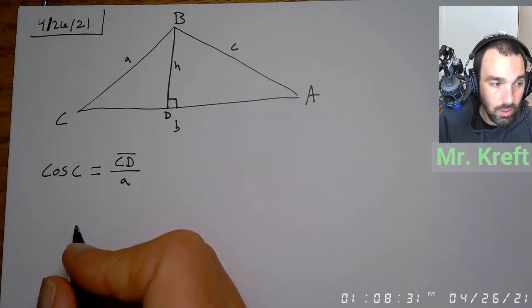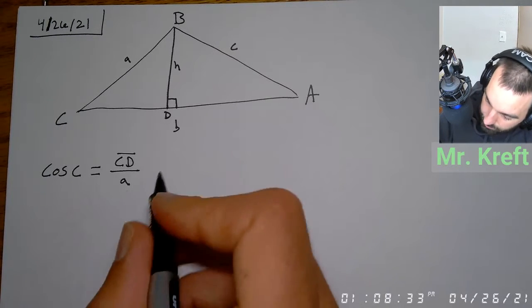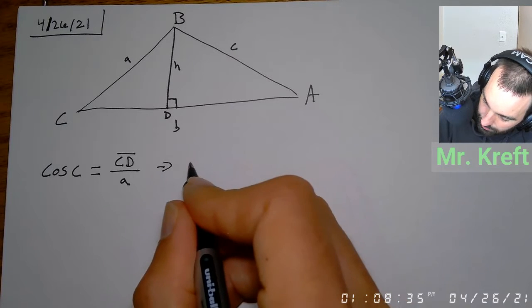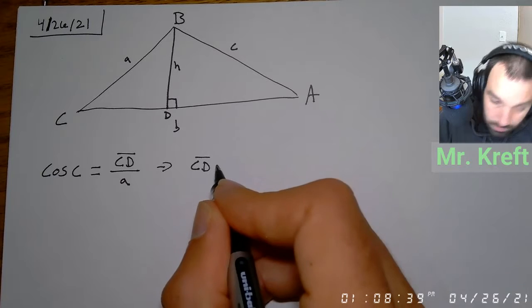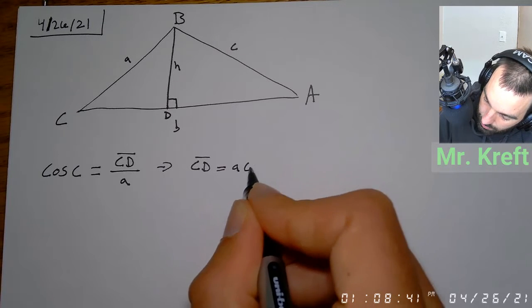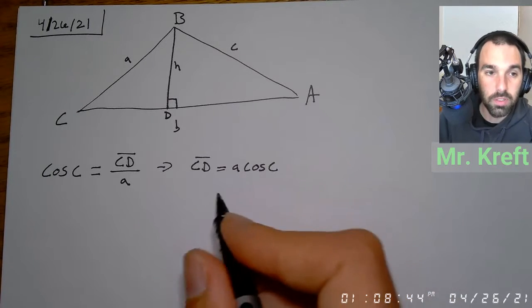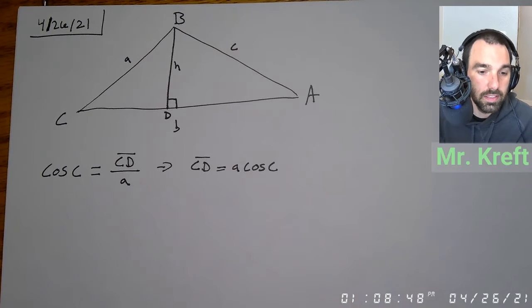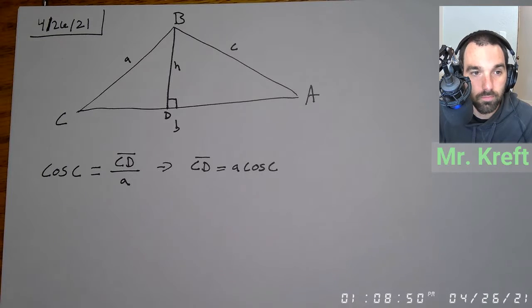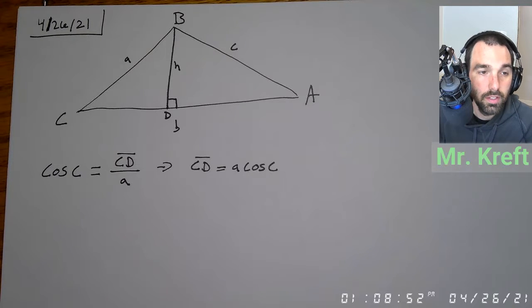Okay, and then we can rewrite this to say that segment CD is A cosine of C. That's just manipulating things around, right? Just multiplying by A, we get segment CD equals A cosine of C. Okay.